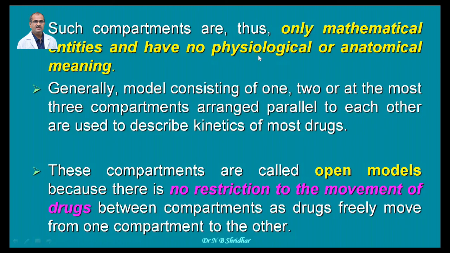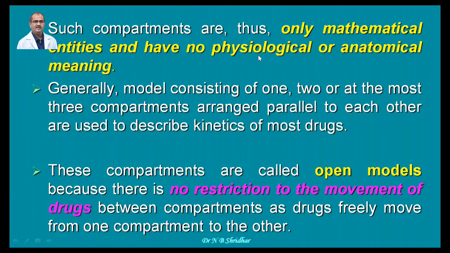So the body is divided into one, two, three or multiple compartments, and these are called open models. In the one compartment open model, there is no restriction on the movement of the drug between compartments, as the drug moves freely from one compartment to another. We cannot restrict blood from moving from kidney to liver, liver to brain, or anywhere.